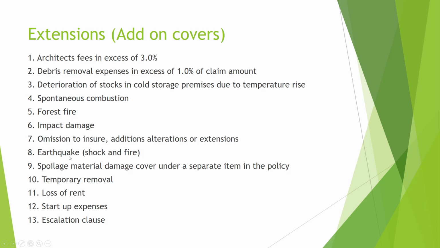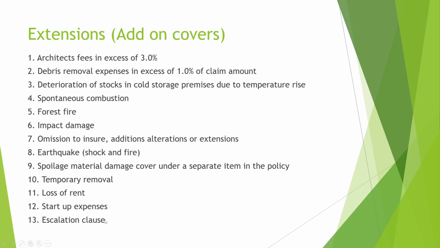Earthquake insurance is an add-on; it is not in the base policy. Spoilage, material damage covered under a separate item in the policy, you can take an add-on for it. Temporary removal, you can take an add-on. Loss of rent, if there is loss in your commercial property due to rent, you can take an add-on for it. Start-up expenses, you can take an add-on for it.